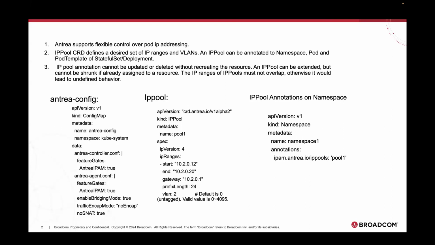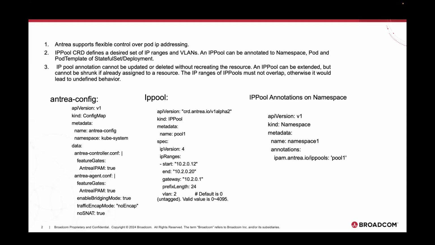The IP pool annotation cannot be updated or deleted without recreating the resources. IP pool ranges we can extend, but we cannot shrink them if assigned to resources. The IP ranges must not overlap, otherwise it will show an error or undefined behavior.